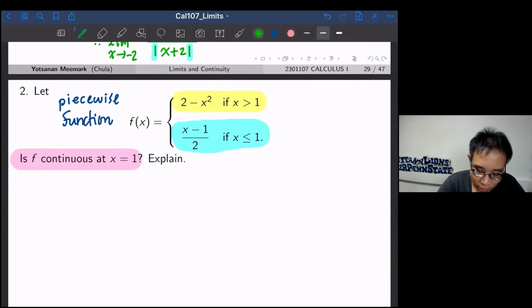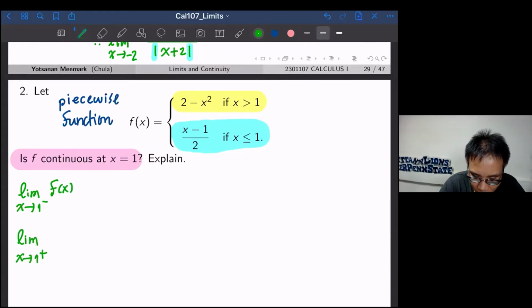So in this case, you compute the limit as x goes to 1 from the left of f(x), and the limit as x goes to 1 from the right of f(x).